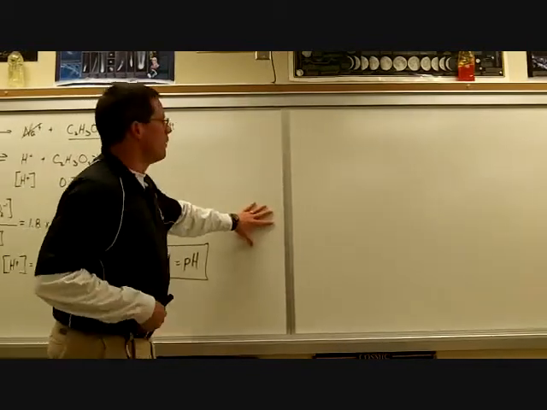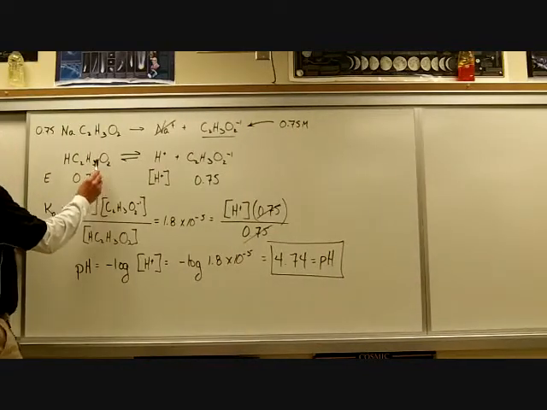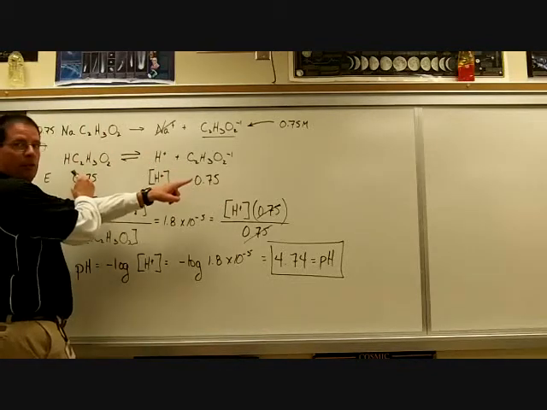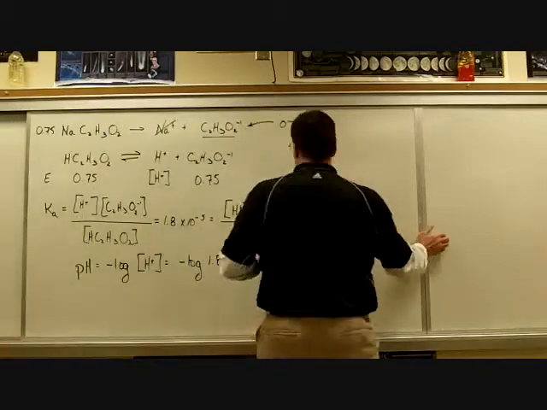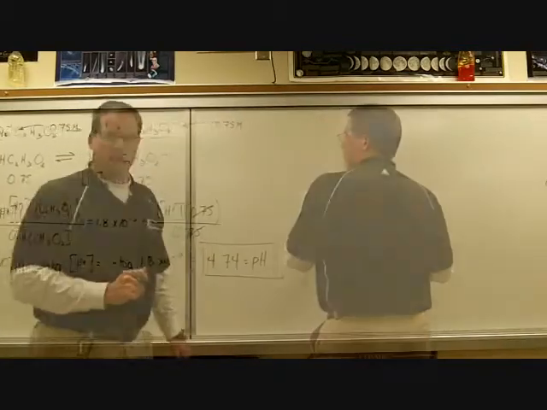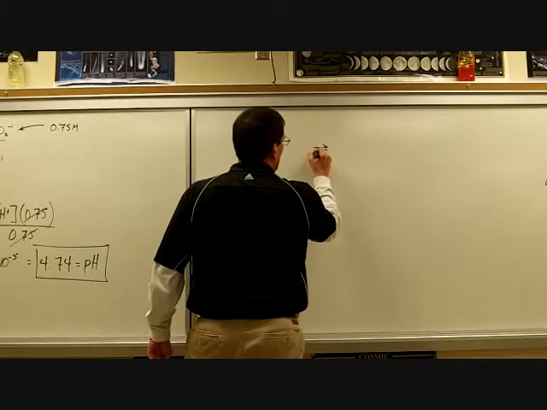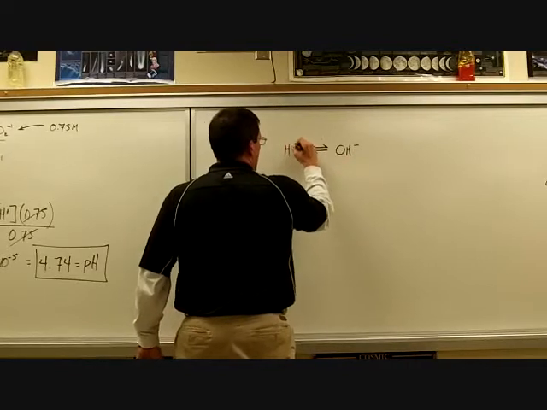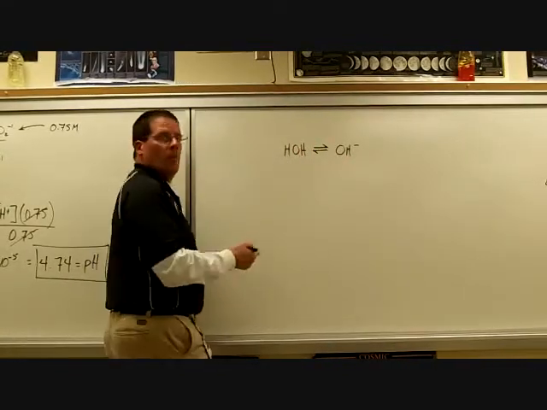So even though I went ahead and had the acid on this side and the acetate on this side, I could flip this and write it so that the hydroxide is in here. If I choose to do that, and hydroxide is always on the product side, so I have OH here, and since I have OH, I have to have water, because that's where we're getting the OH from.